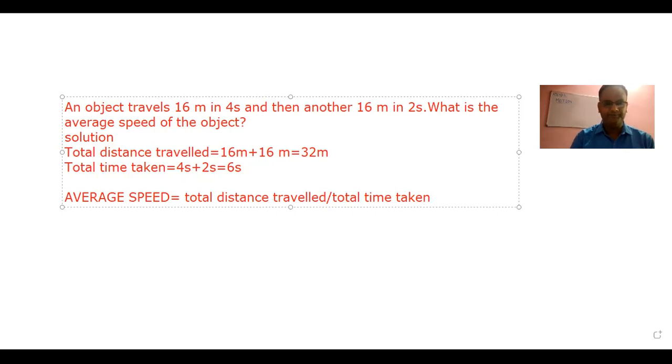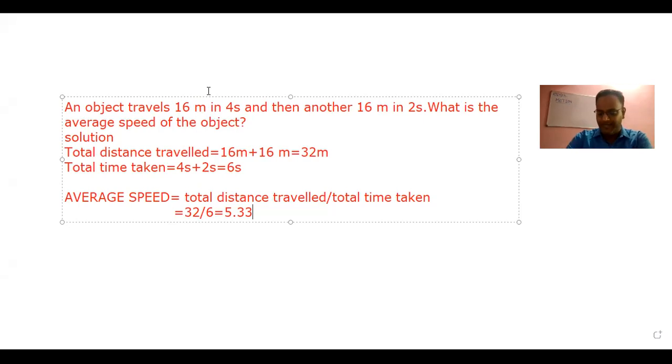And that makes it 32 by 6, which is equal to 5.33. What will be the unit, students? What will be the unit for the average speed?